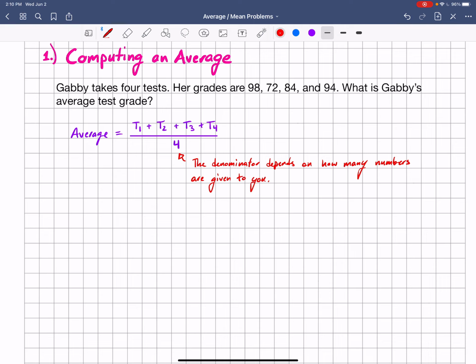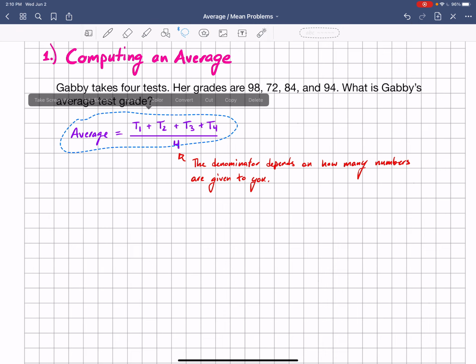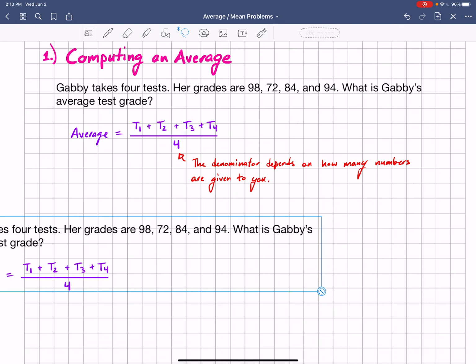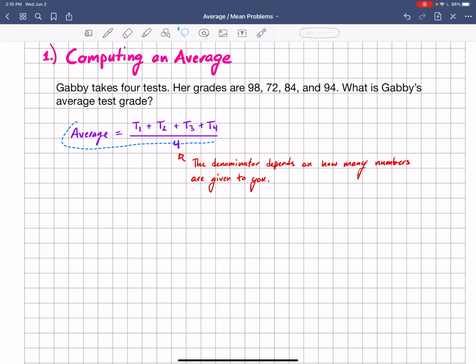So since Gabby took 4 tests, she has a 4 in the denominator. So let's go ahead and borrow this. I'll copy it.